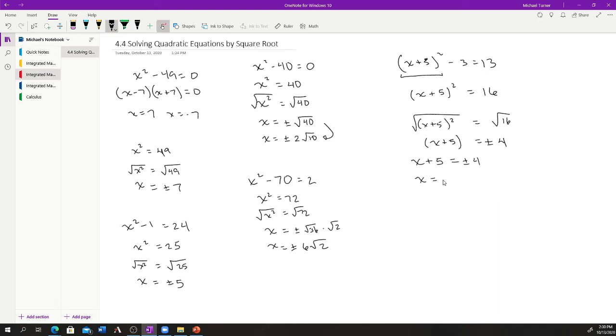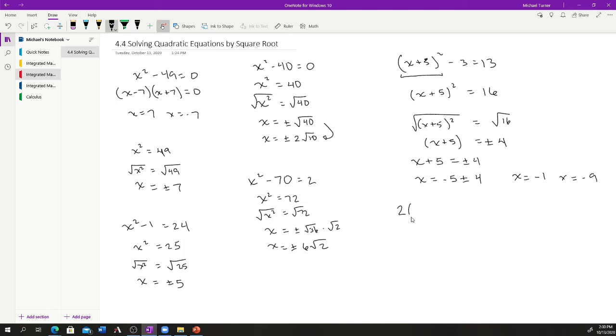So I have x equals negative 5, plus or minus 4. Which means my two answers are going to be x equals negative 5 plus 4 and negative 5 minus 4. And those would be my two answers. So anytime you have a problem that's dealing with that parenthesis set, you want to get it by itself as though it was an x term.